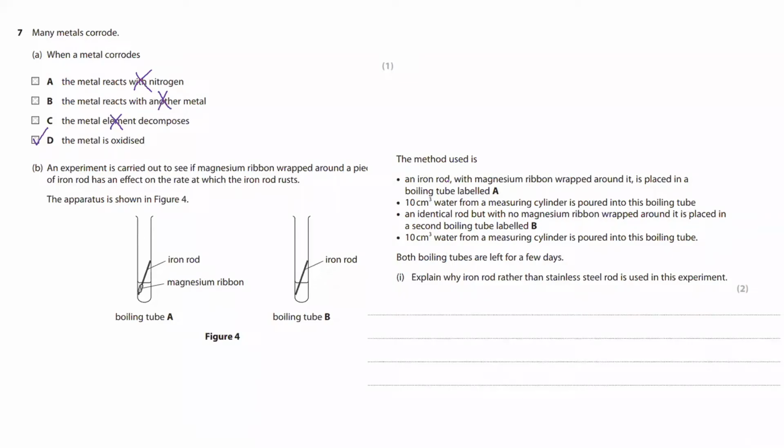Explain why the iron rod rather than stainless steel is used in this experiment. So stainless steel is that used to make cutlery and things like that. That's what it's called, stainless steel. Stainless steel does not corrode, so no difference would be seen.